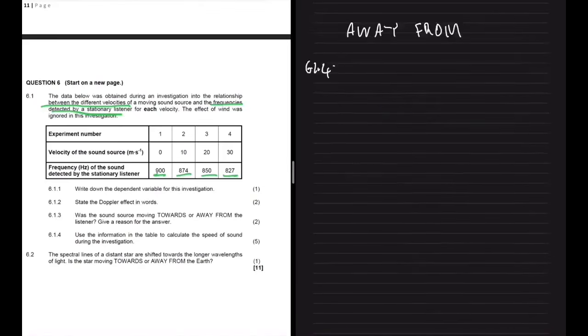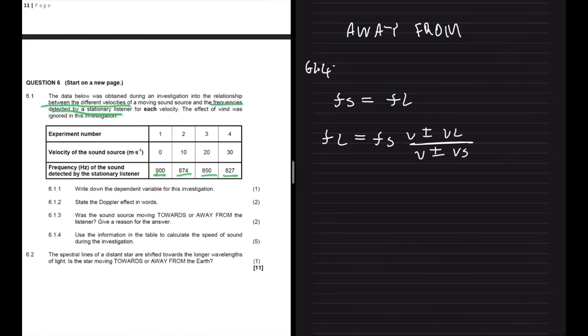6.1.4 says use the information in the table to calculate the speed of sound during the investigation. I think the trick of the question is to realize that for experiment 1, fs equals fL. We know that fL equals fs (v plus or minus vL) divided by (v plus or minus vs).